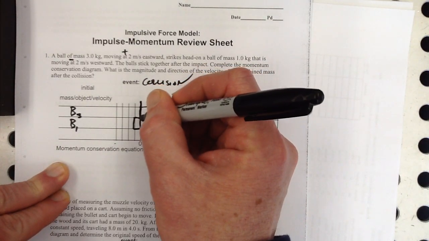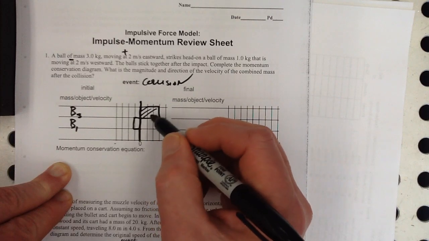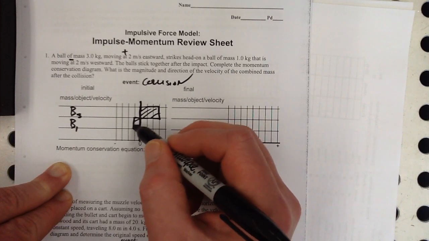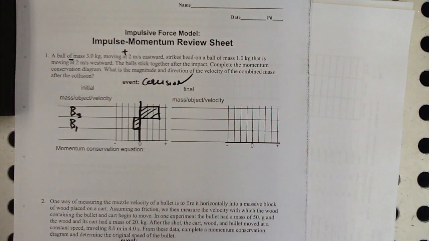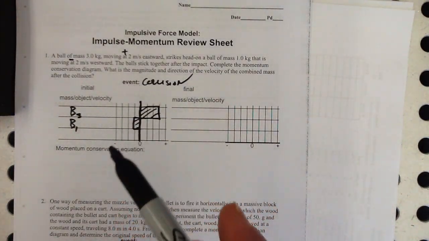Now, if you're wondering why did he make this one bigger than that one? How did he know that? Is he right about that? Well, I just did some real quick math here.